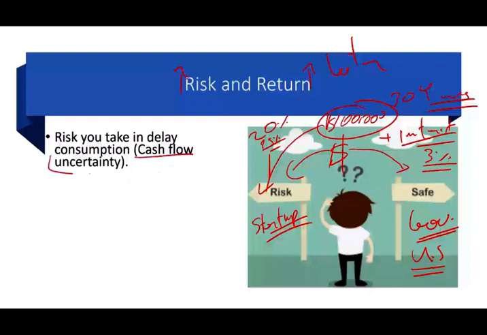But that cash flow would have uncertainty. With the US government, there's practically no uncertainty. The US government will be here 30 years from now. But this startup company, I really don't know. So if you want to invest in the startup, you're going to have to require a higher rate of return.